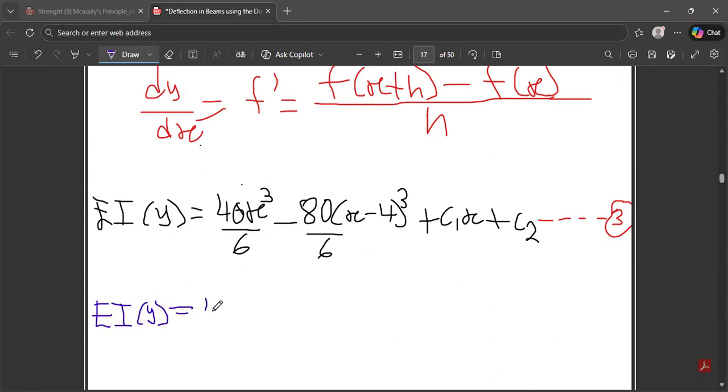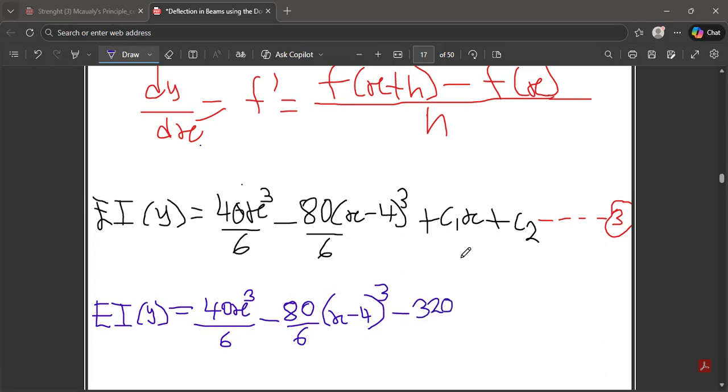equal to 40x cubed all over 6 minus 80 over 6, now I'm seeing (x minus 4) cubed, minus 320.